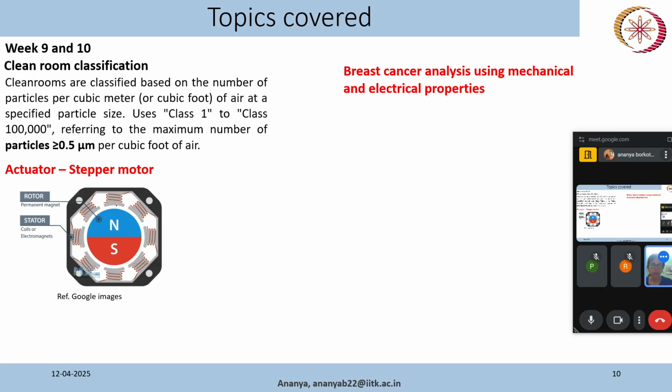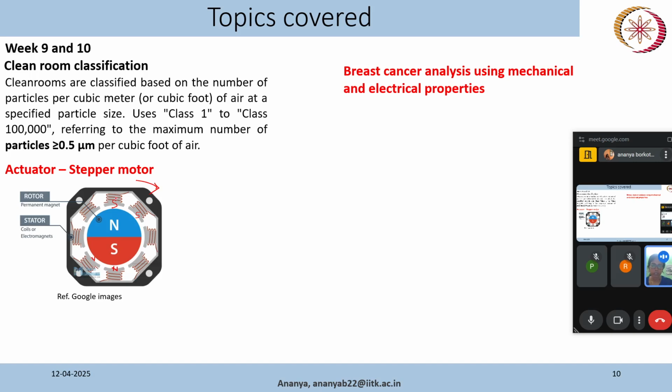Say because of the current applied to these two coils, this becomes a south pole and this becomes a north pole. So this magnet will align here because opposite poles attract. Then we change the current and make this a south pole and this a north pole in the next turn, and then this magnet will come to this side.